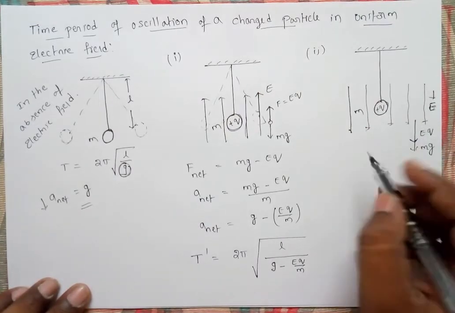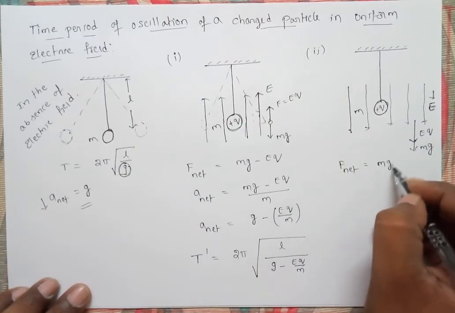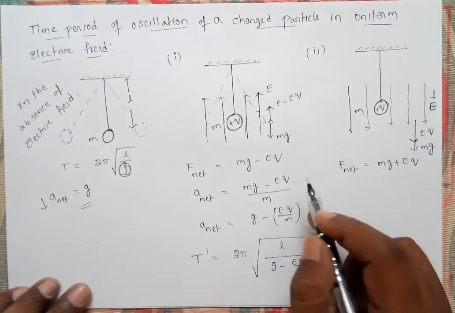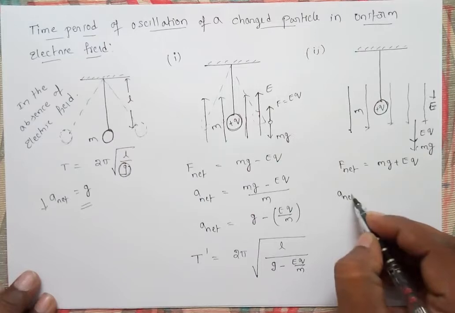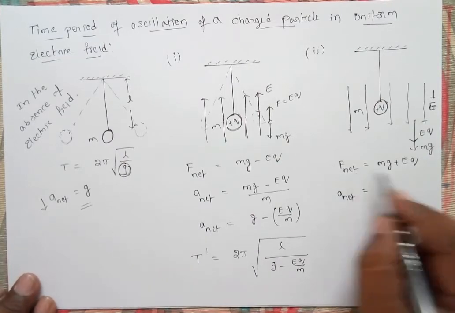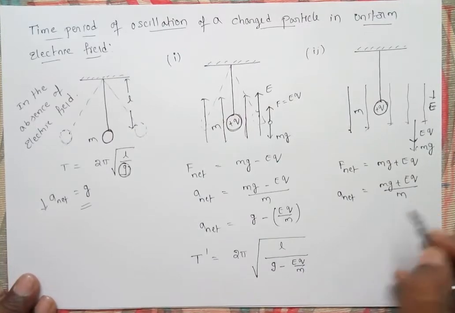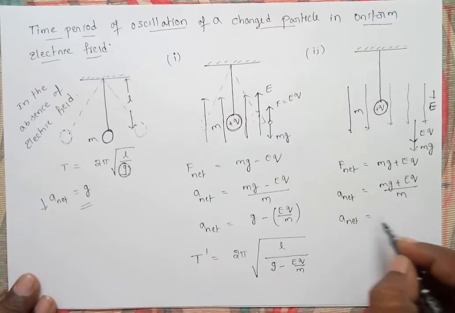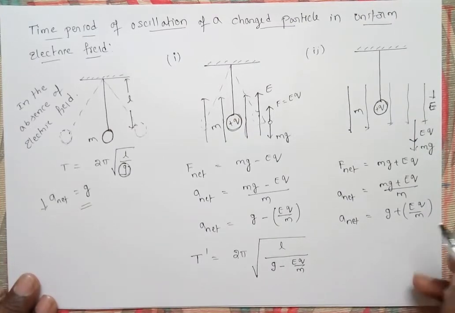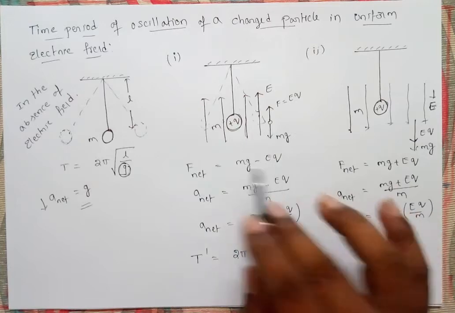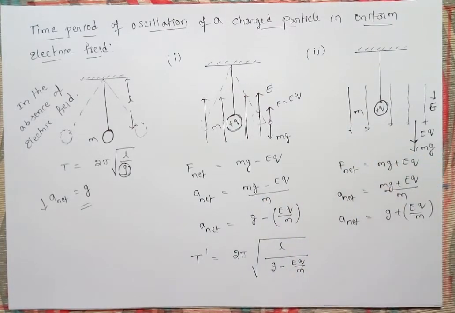So the net force downwards is mg plus EQ, and the net acceleration is F net by mass, so mg plus EQ by m, which we can write as g plus EQ by m. In the previous case one force was upwards and the other downwards, so the net downward force was mg minus EQ.